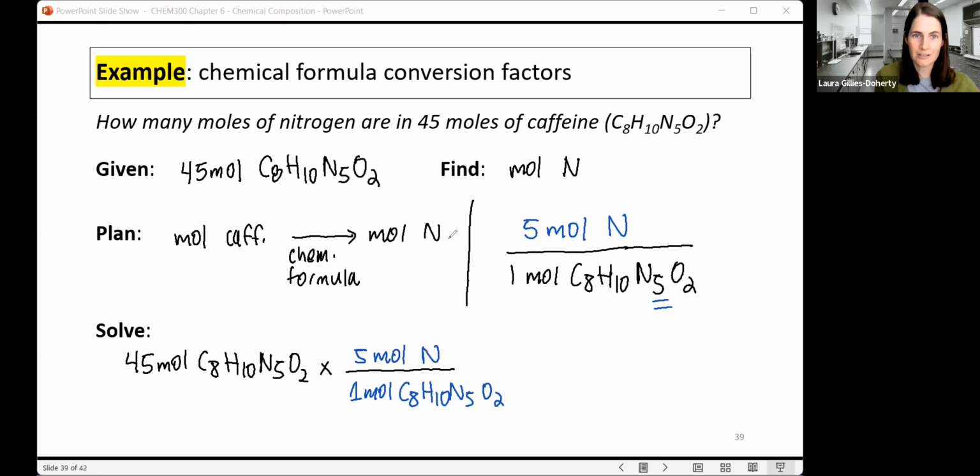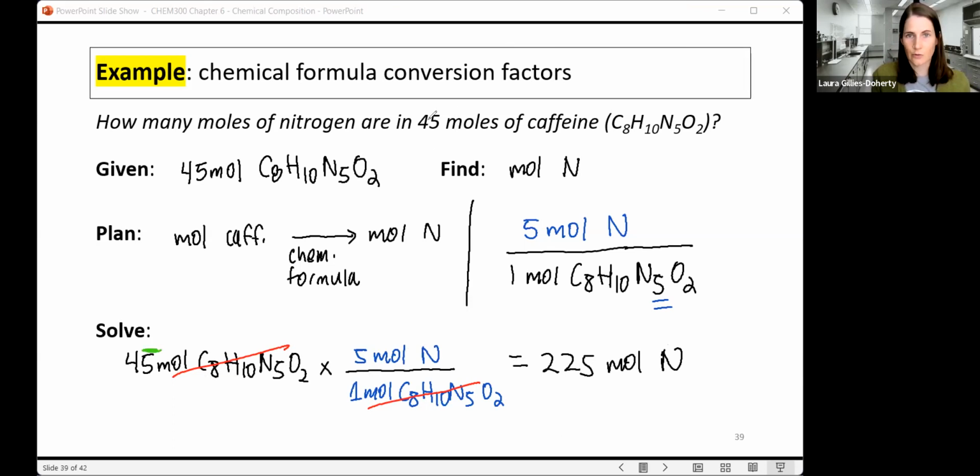And if we check our units, just like on any other dimensional analysis type setup, we have moles of caffeine and moles of caffeine canceling out, and we just have moles of nitrogen left, which is what we're trying to solve for. So we're going to take 45 times 5, and I get 225 moles of nitrogen, but I need to go back and check my sig figs.